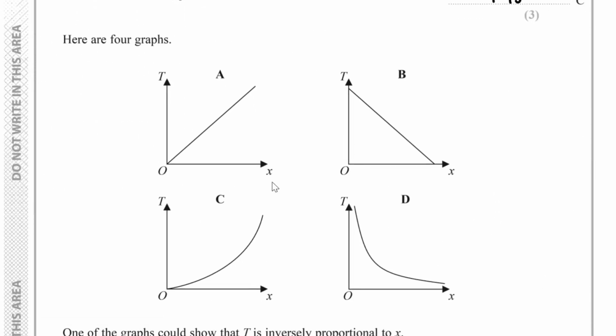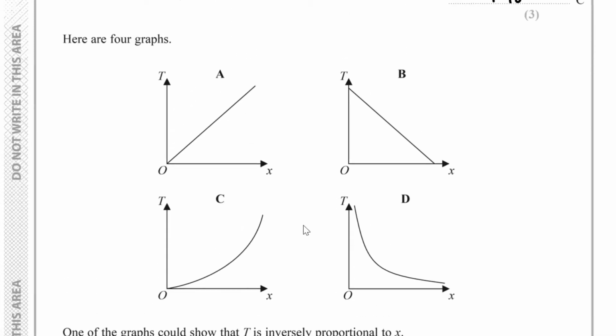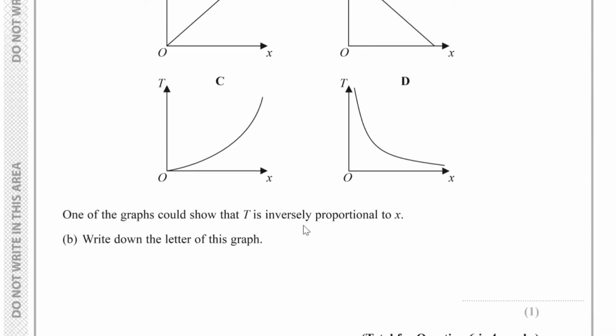Now here are 4 graphs, A, B, C, D. One of the graphs could show that T is inversely proportional to x. We have to write down the letter of this graph. Well, of course, for a graph that's inversely proportional to x, we have, in this case, T equaling some constant over x.